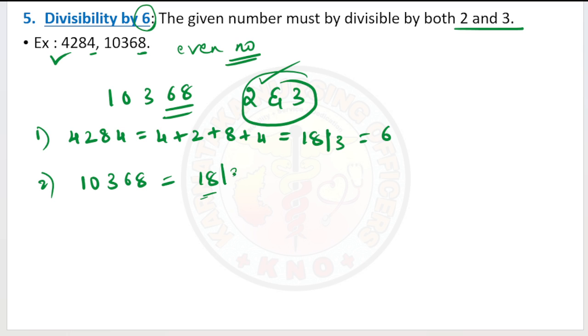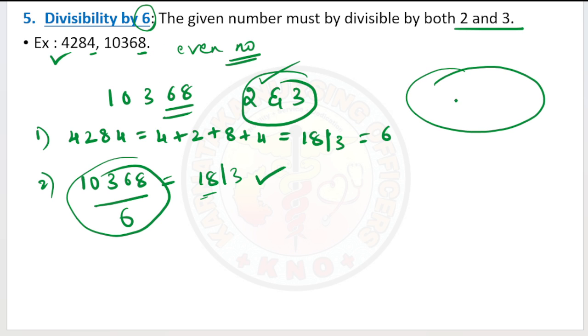So 18 is divisible by 3. Yes, 18 is divisible by 3. So we can say that 10,368 is divisible by 6 completely. Understood? So this is the rule of divisibility by 6. The given number must be divisible by both the numbers, that is 2 and 3. Okay.